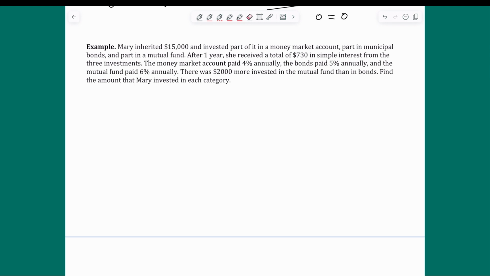All right, so x here, we'll say, is the amount invested in the money market account. And we'll say y is the amount invested in bonds.